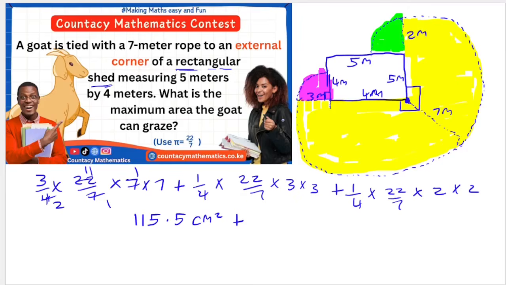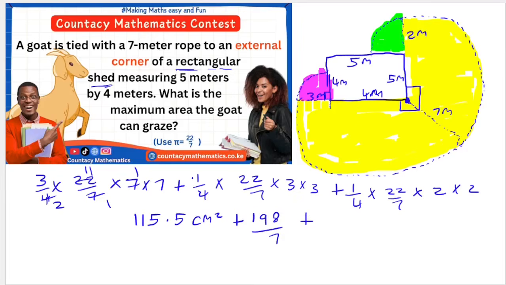Alright, this is 22 over 7 multiplied by 3 by 3. That's 3 times 3, that's 9. And then we have 9 multiplied by 22, that's giving me 198 over 7. And then we have plus.